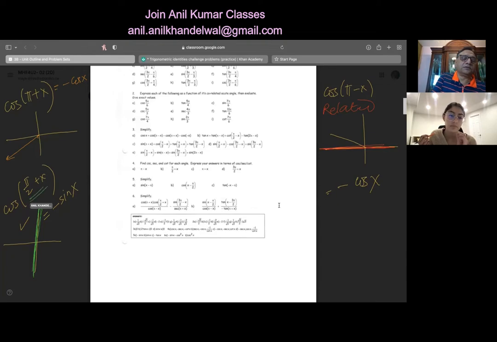Pi by 2 plus x, co-related. This one, pi, horizontal axis, related. If you are doing pi or 2 pi, it is related. If you are doing pi by 2 or 3 pi by 2, co-related. That's the whole idea. Okay, I understand now.